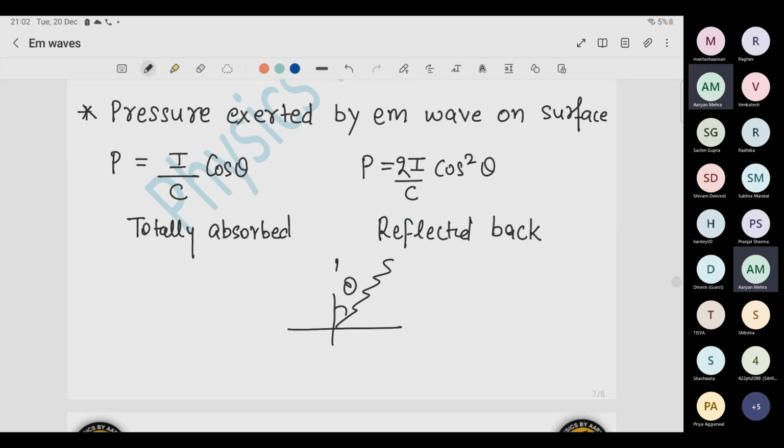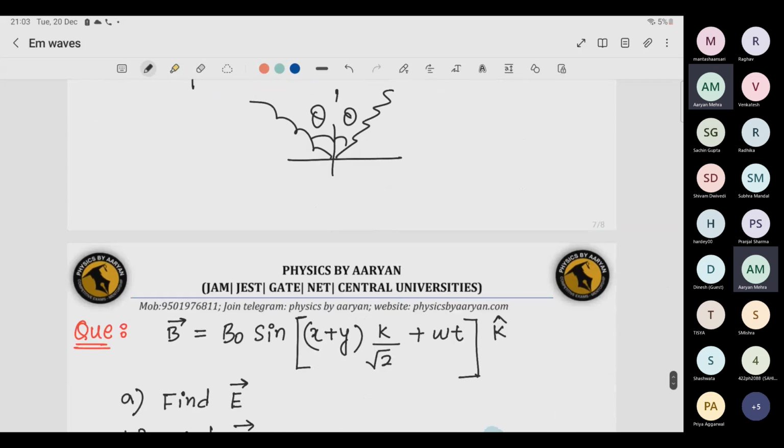If this light is totally absorbed, then the pressure is I, intensity, divided by C into cos theta. But if it is reflected back, then it is 2I by C cos square theta. You do not need to do the derivation, but this formula will definitely come in the exam. So remember this.